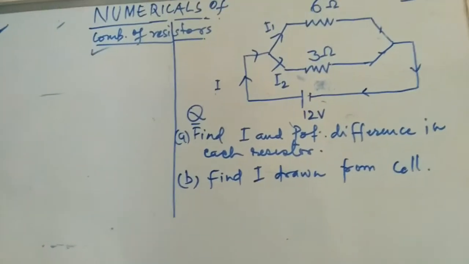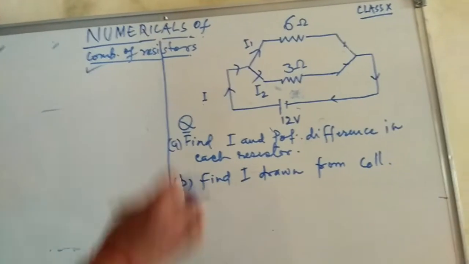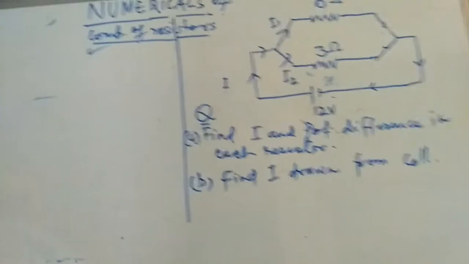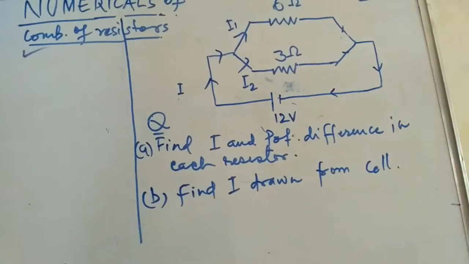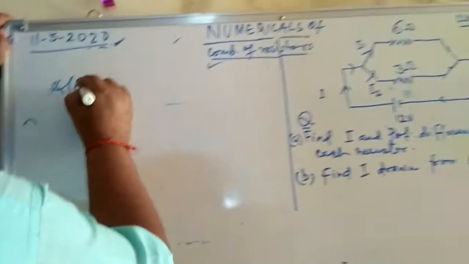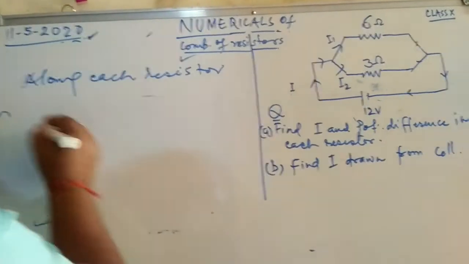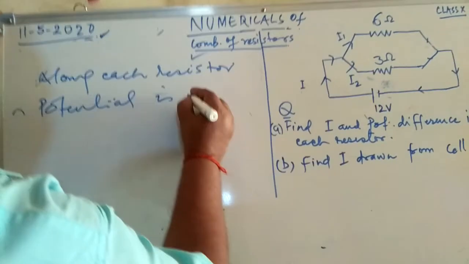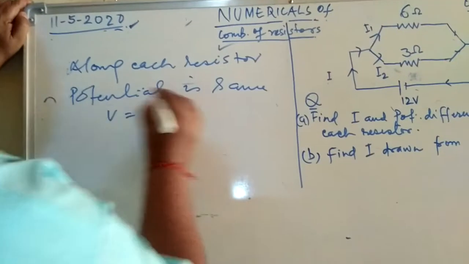So now we find the value of I, the potential difference, and the total I of the circuit. First we calculate the potential difference. As you know, this is a parallel combination, so the potential along each resistor is the same, that is V is equal to 12 volts.